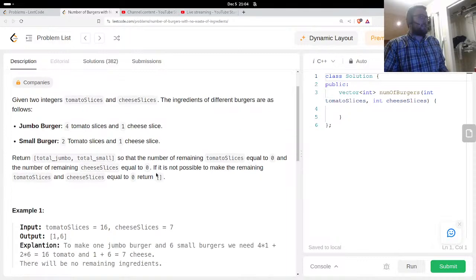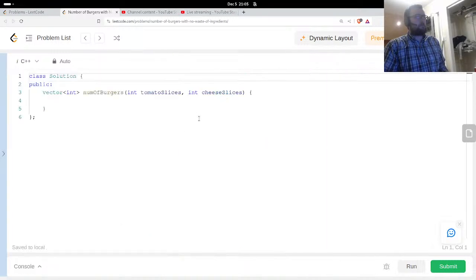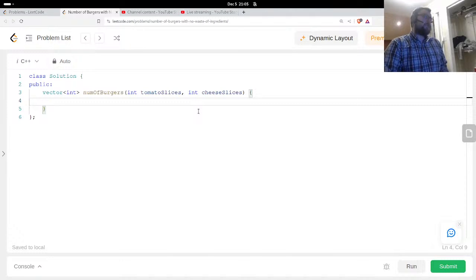And in that case, you just need enough jumbo burgers until the cheese slices are equal to half the tomato slices. So yeah, we'll just check that. So if we'll just say TS and CS, just to keep it simple.